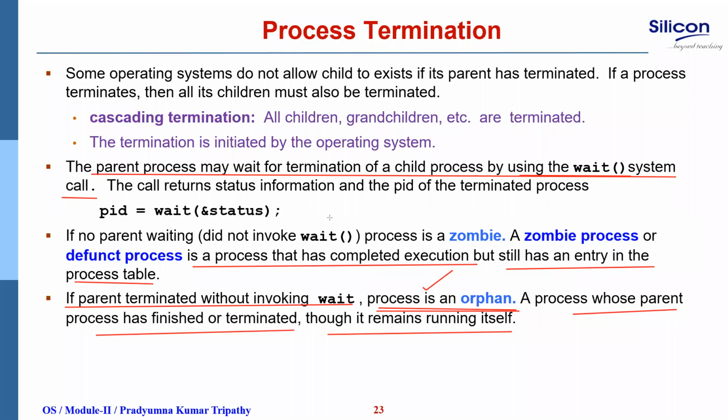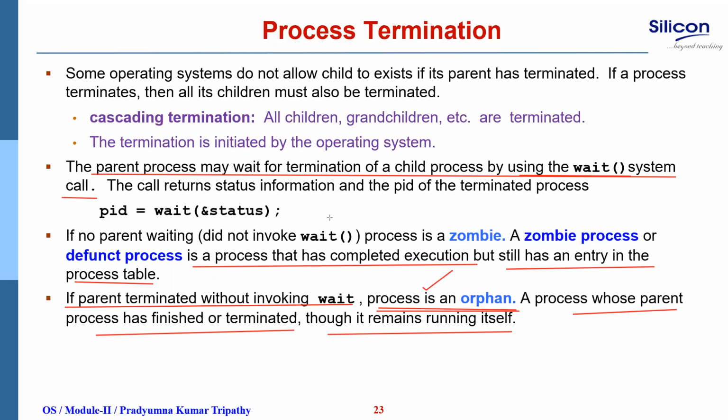We will find that the parent address will not be there in the table. Although the child is running, the parent process ID which it was assigned earlier will not be there.